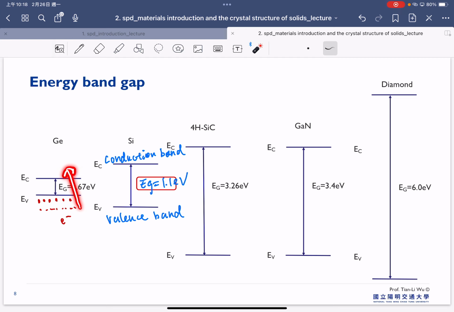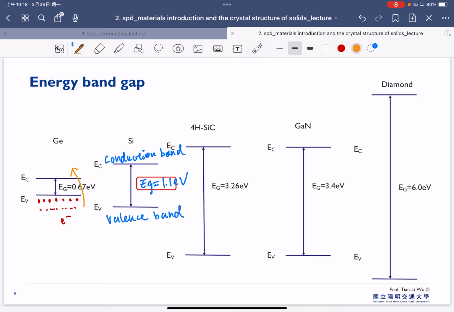That's usually what we call the forbidden region. This is what we generally call the forbidden region. So this electron will try to cross over this forbidden region and reach to the conduction band.